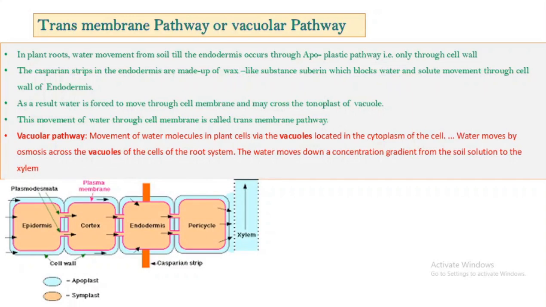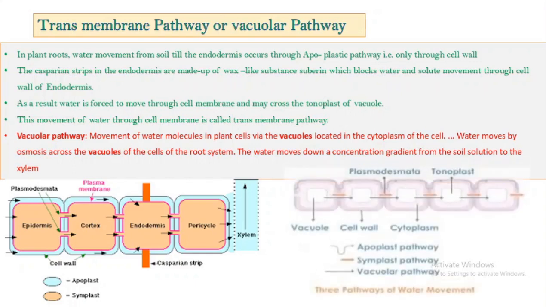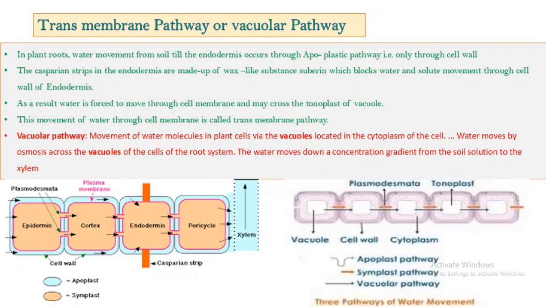The Casparian strips in the endodermis are made up of a wax-like substance, suberin, which blocks the water and solute movement through the cell wall of the endodermis. As a result, water is forced to move through the cell membrane and may cross the tonoplast of the vacuole. This movement of water through the cell membrane is called the transmembrane pathway.